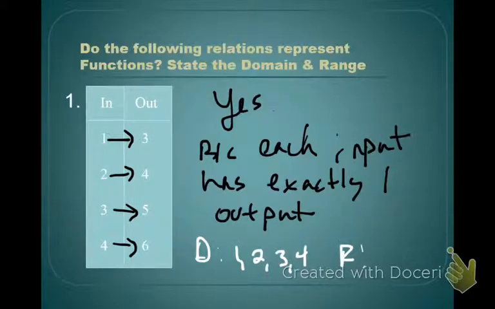And when you're asked for the domain and range, you do want to list them. Now, we're going to get to some functions where the domain and range are too hard to list individually. And so we'll find some ways to write the entire domain and range that way. Okay? And so obviously the range are all of your outputs. And so we got 3, 4, 5, and 6.